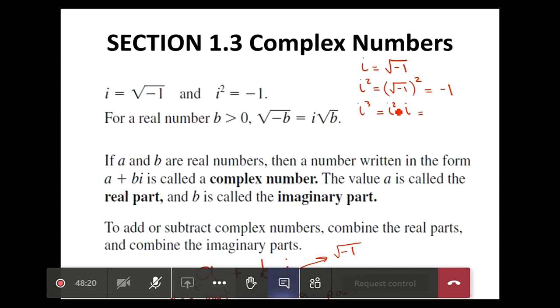So we have i square equal -1 multiply by i, so we have negative i. Okay, so i to the power 3 equals negative i.